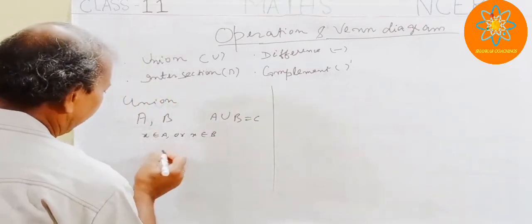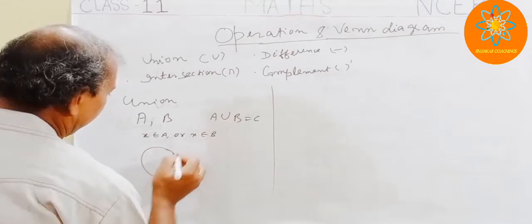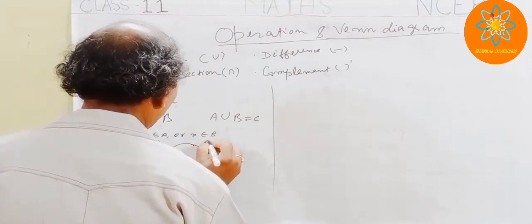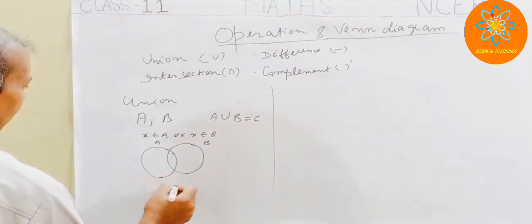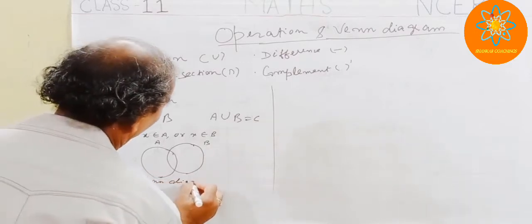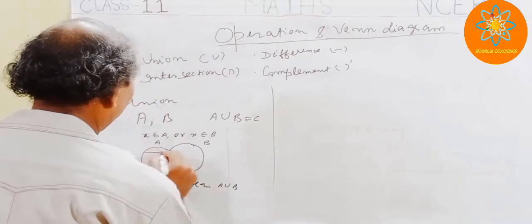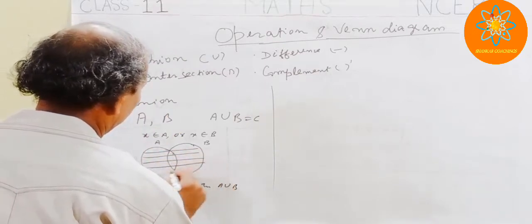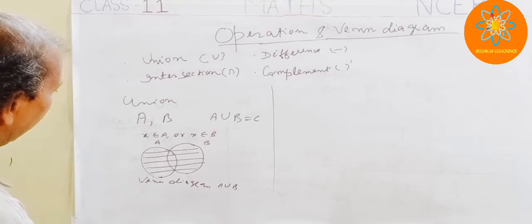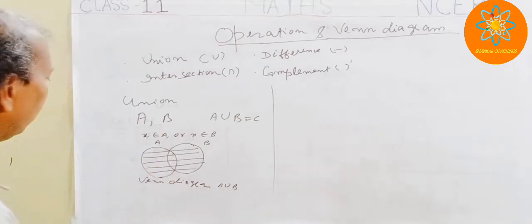First of all, I will draw the set A, and another set B. This is the Venn diagram of A union B. As I defined here, X is a member of A or X is a member of B, in this way. So this is the Venn diagram of A union B.